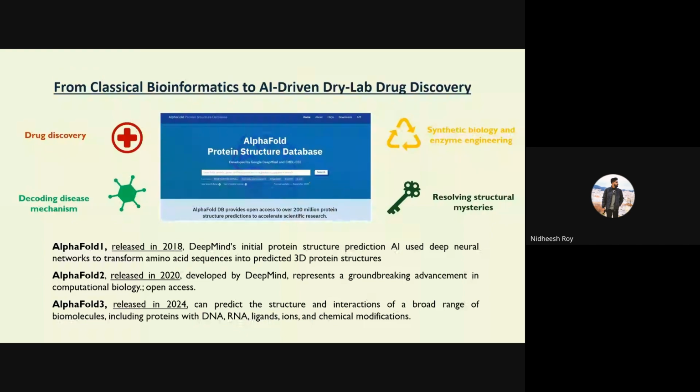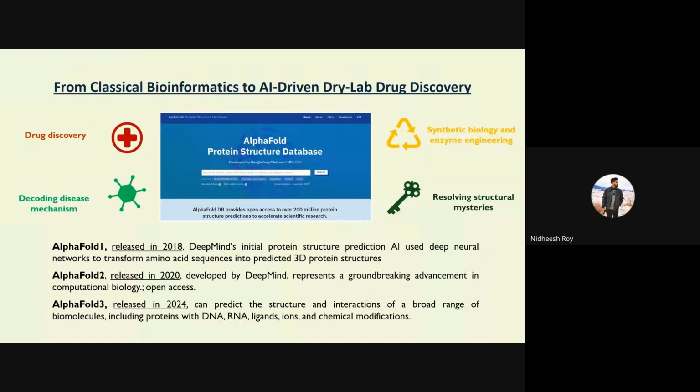Simply, when a homology model is used to model a structure, the template is searched from the AlphaFold database. So AI has taken over the world of computational biology also.